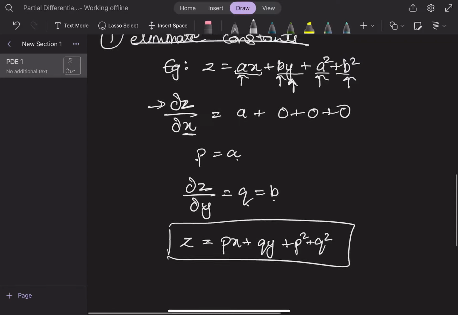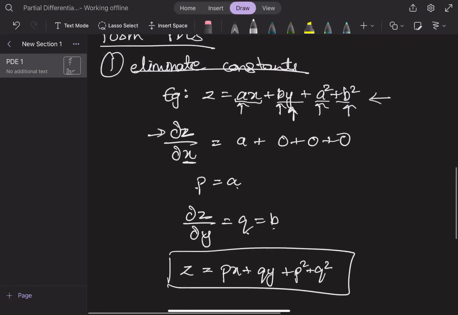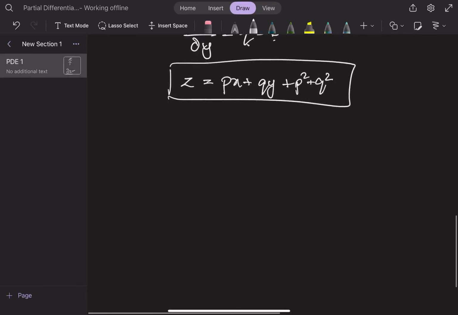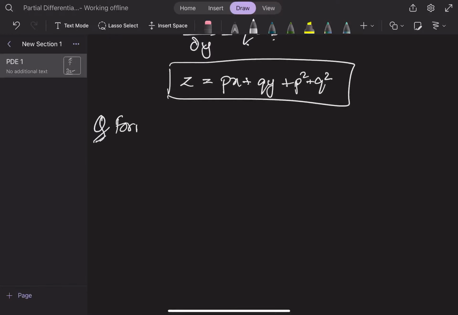So sometimes you are given the equation directly, but sometimes you have to form the equation. For example, form PDE of all spheres with centers on z-axis.